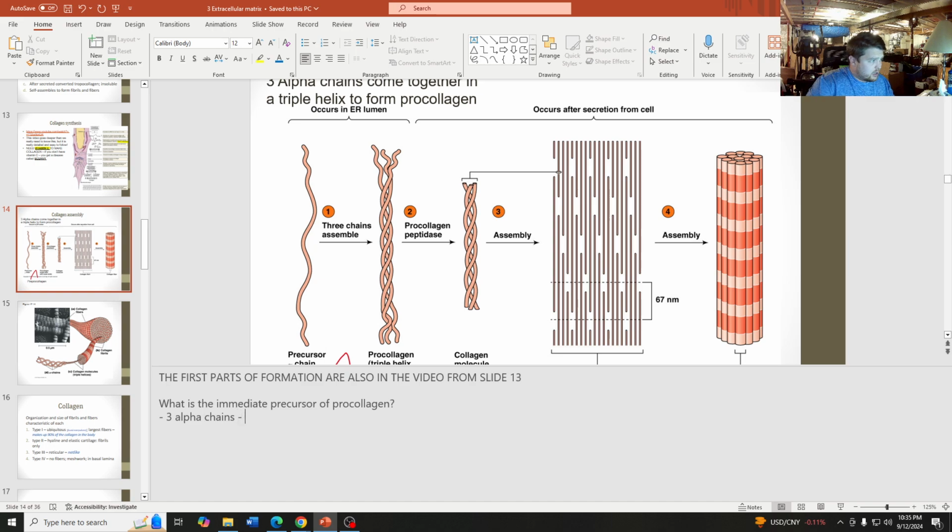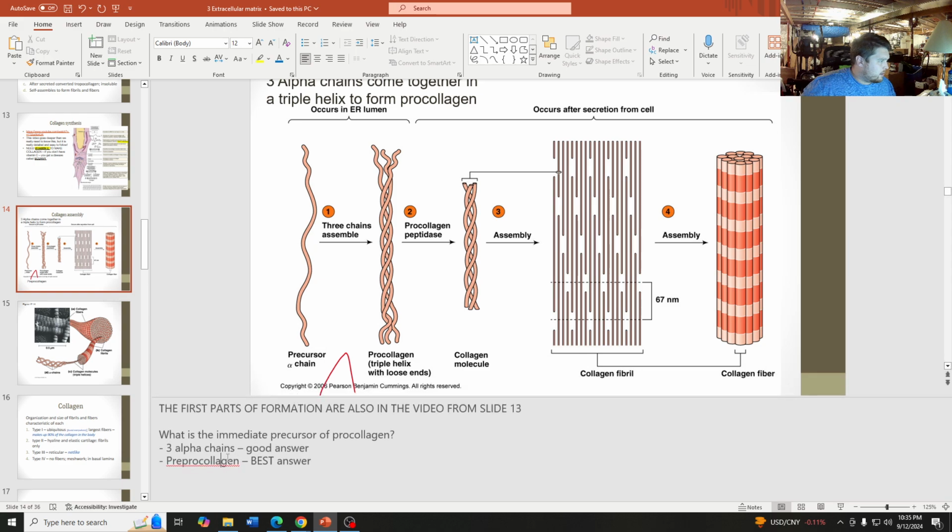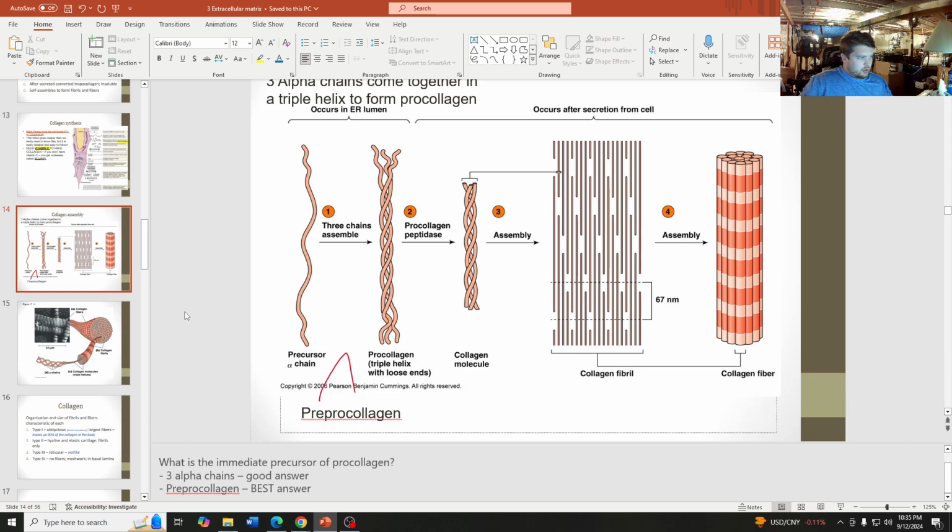This is a good answer. The better answer would be pre-pro collagen. That's going to be our best answer, in case you get asked a question like that.